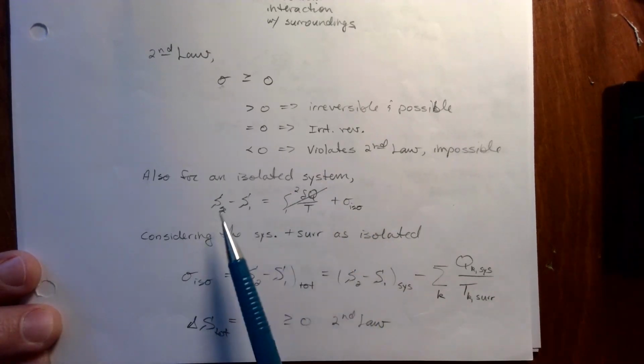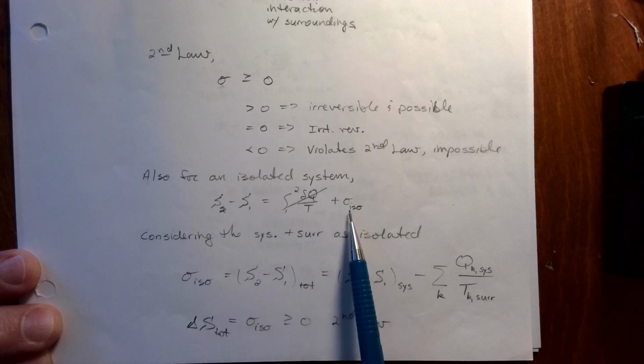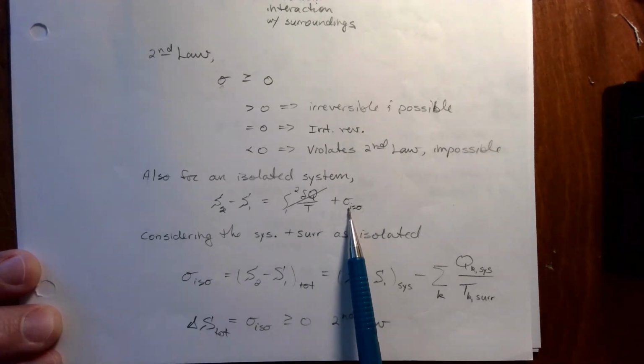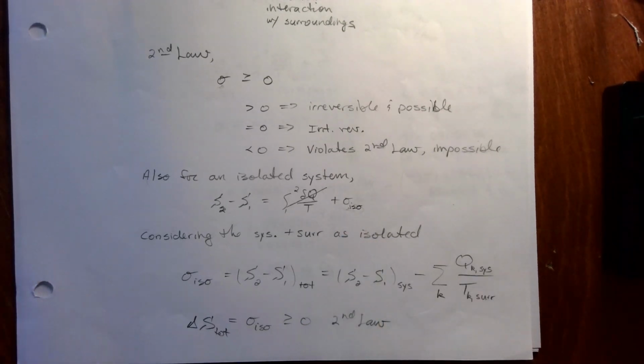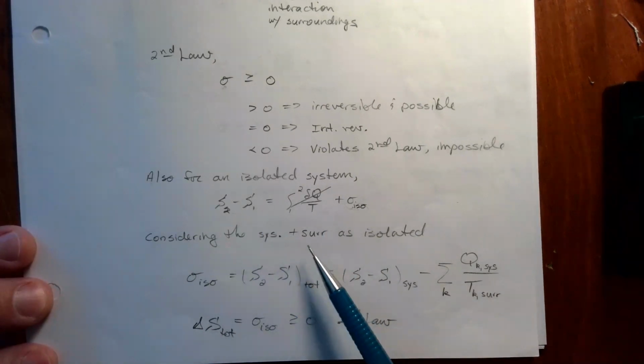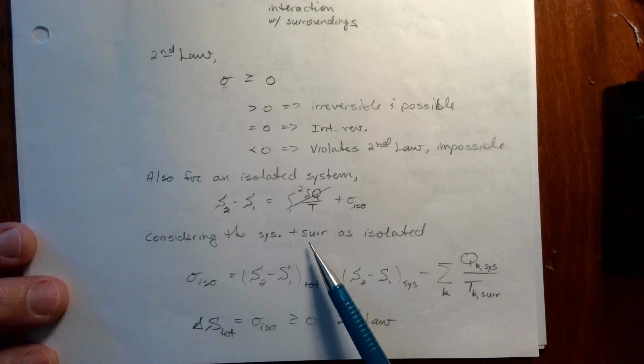Q is gone, and so delta S is actually equal to sigma. So I have ISO here to suggest that it's isolated. So we can think of the system plus all the immediate air, the gas around the system, as a thermal reservoir. So if we add the system plus the immediate surroundings, we can think of that as being isolated.